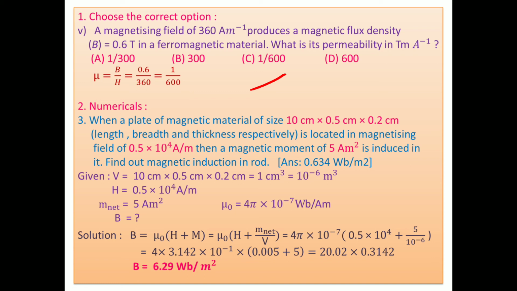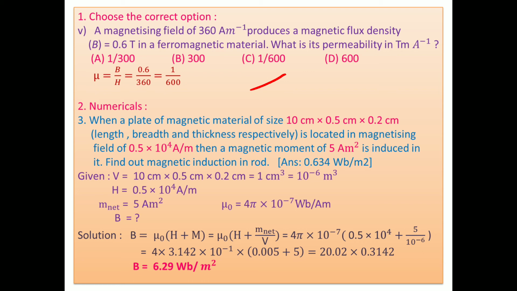Numericals are there. Number 3: a plate of magnetic material of size 10 centimeter into 0.5 centimeter into 0.2 centimeter, that is, length 10 centimeter, breadth 0.5 centimeter and thickness 0.2 centimeter respectively, is located in a magnetizing field of 0.5 into 10 raised to 4 ampere per meter.